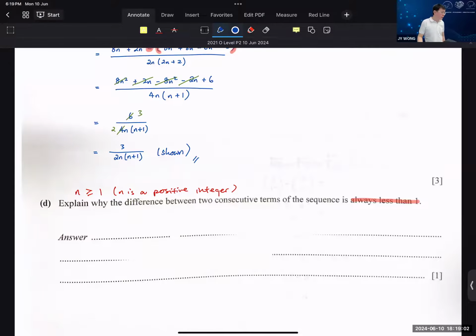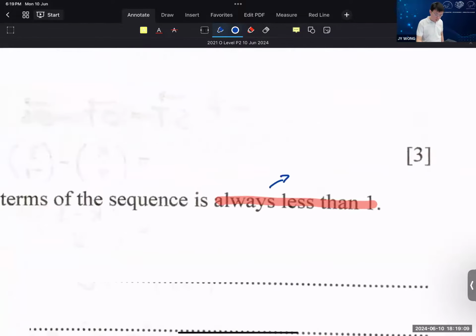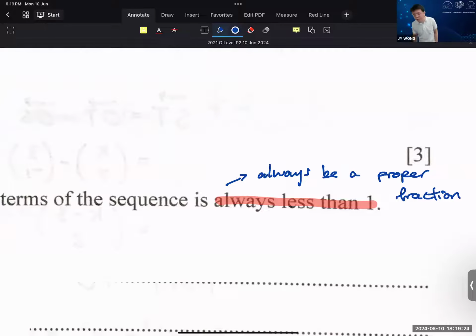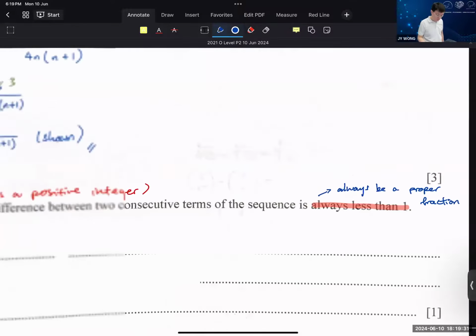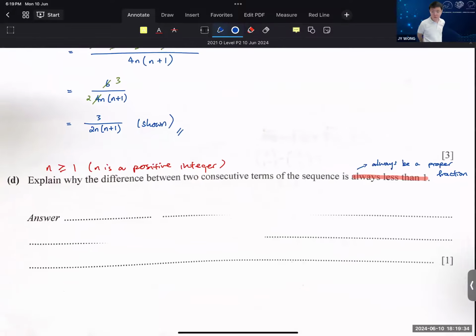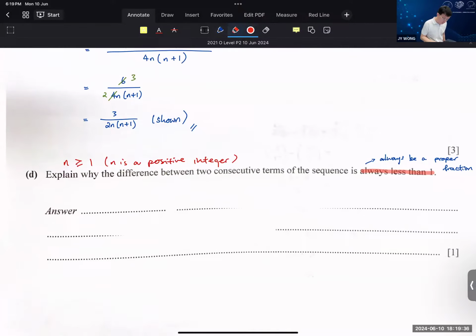But why is the difference always less than 1? What sort of expression will give you a difference that is less than 1? That means it is always a proper fraction. It will always be a proper fraction, because if it's an improper fraction, then it's more than 1. So you are trying to explain why it will always be a proper fraction. Now we look at this.